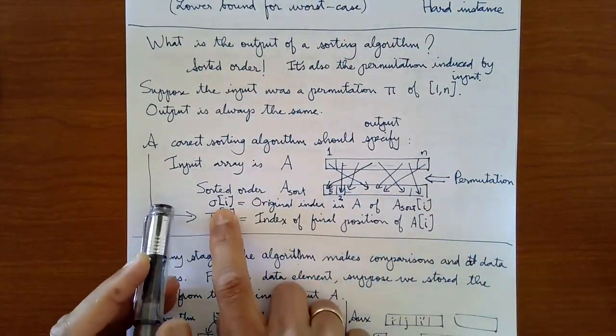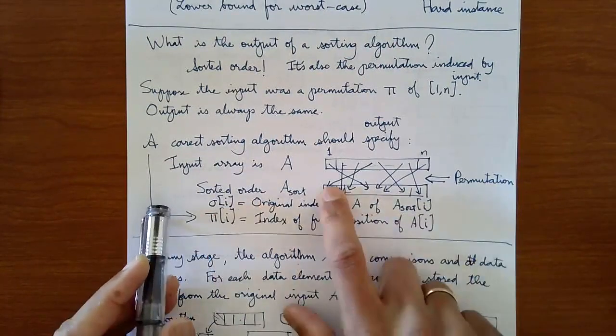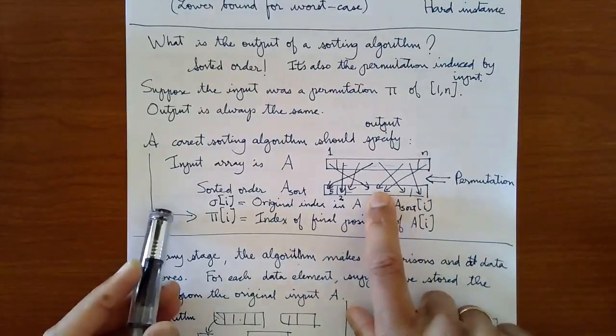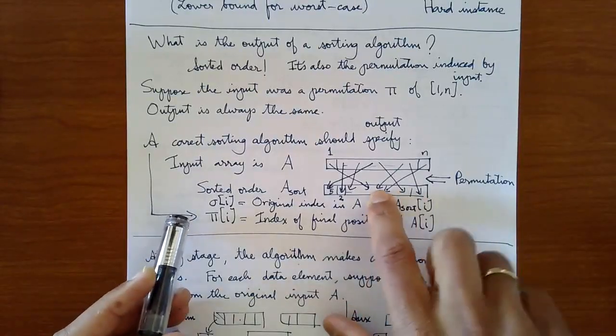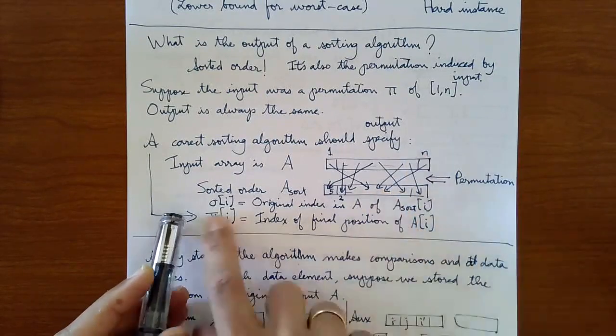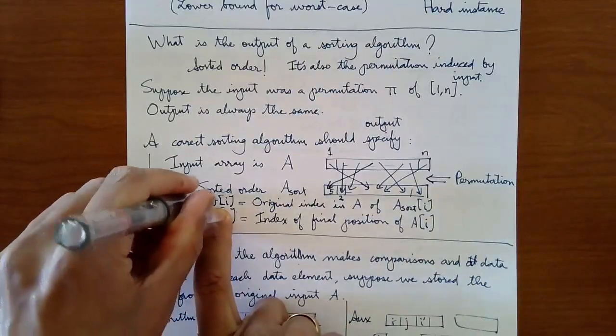Sigma of i would be the original index in A of A sorted of i. So if you look at the sorted version, look at the ith element, and you ask, where did the ith element come from? J. That you could think of as the output.